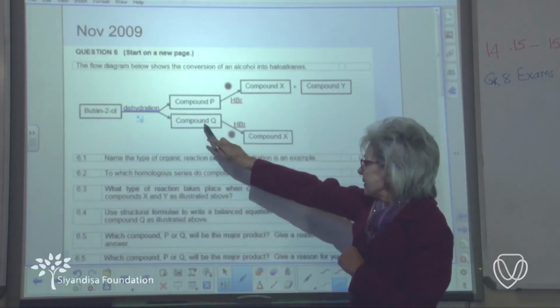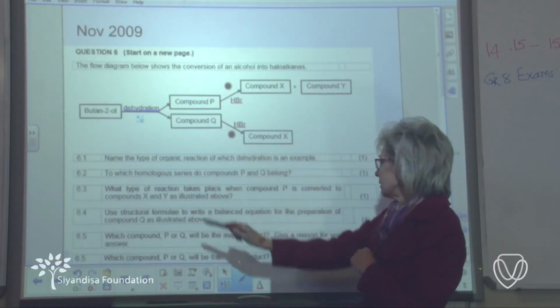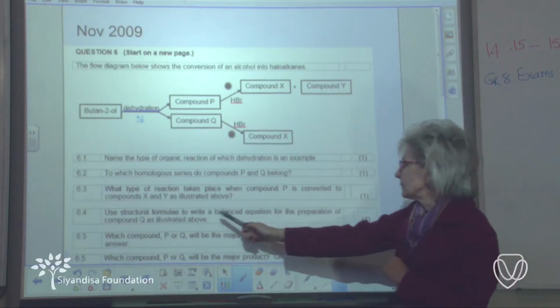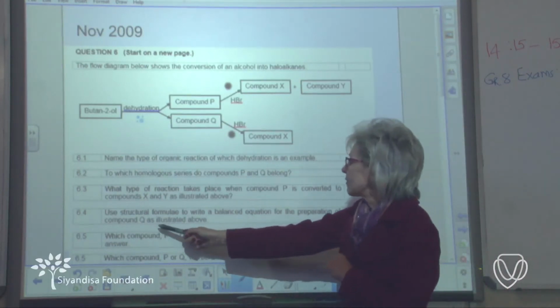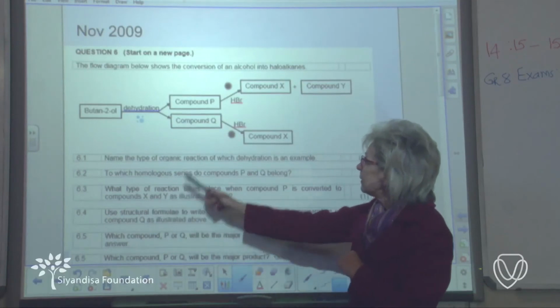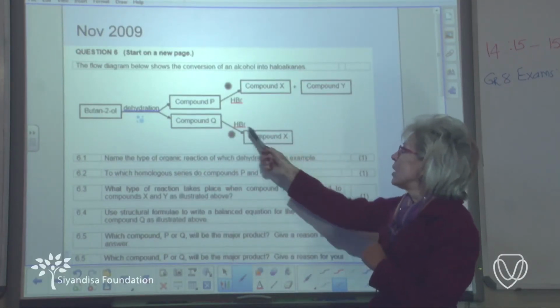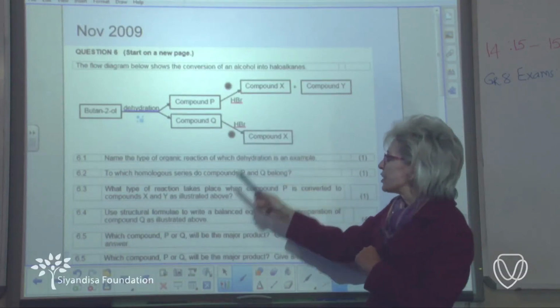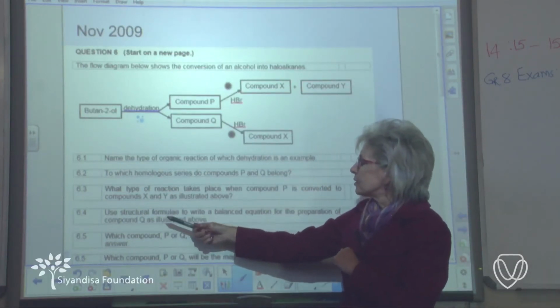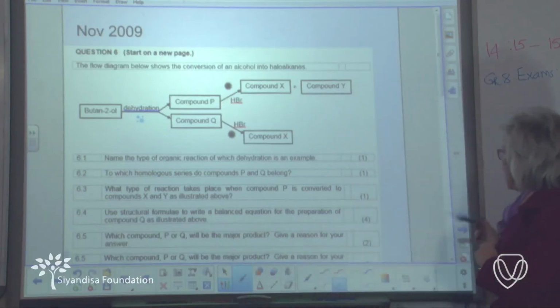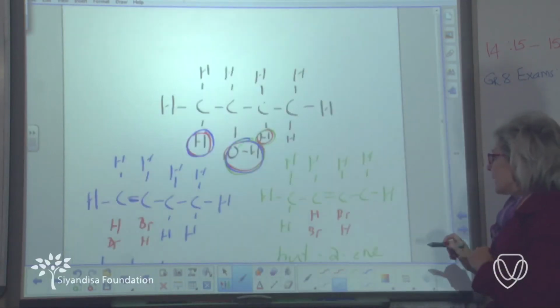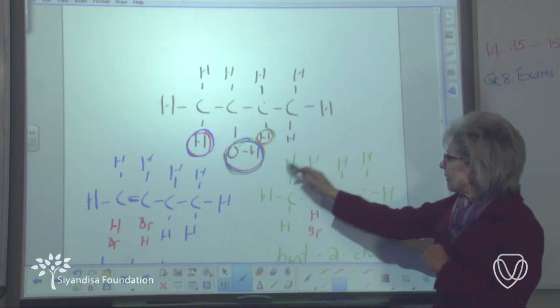We need to do a structural formula to write the preparation of compound Q. Now, compound Q is the one that in our reasoning just now could only form one product with HBr, which means compound Q is going to be our major product, and therefore it would be the formation of this one.